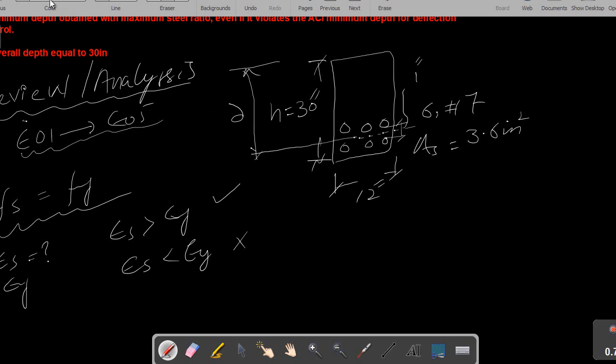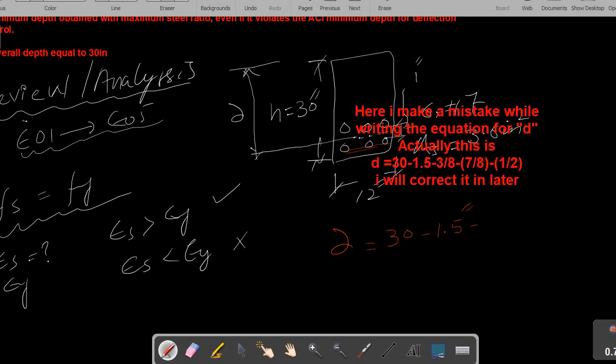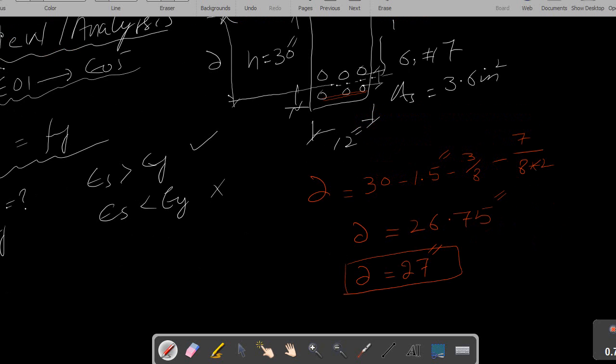So how do we calculate the effective D? This will be 30 minus the clear cover, which is 1.5 inches, minus the stirrup diameter, which is 3/8, minus half of this bar. This is a number 7 bar, so divide by 8 to convert it into diameter, and divide by 2 to take half of the bar. This gives the actual effective depth.